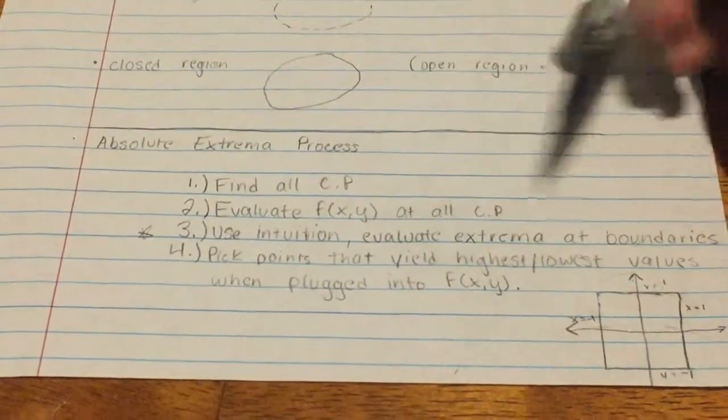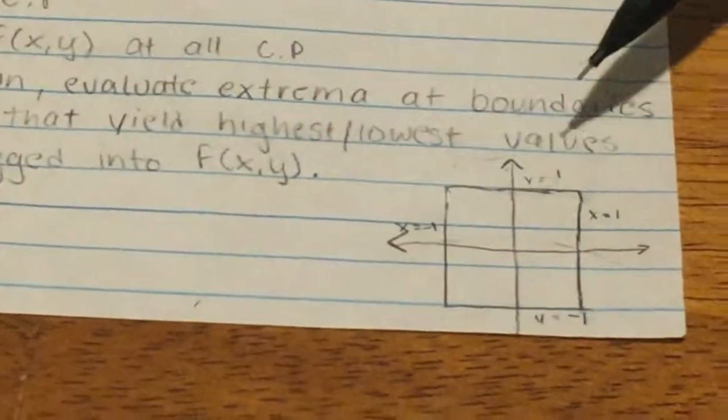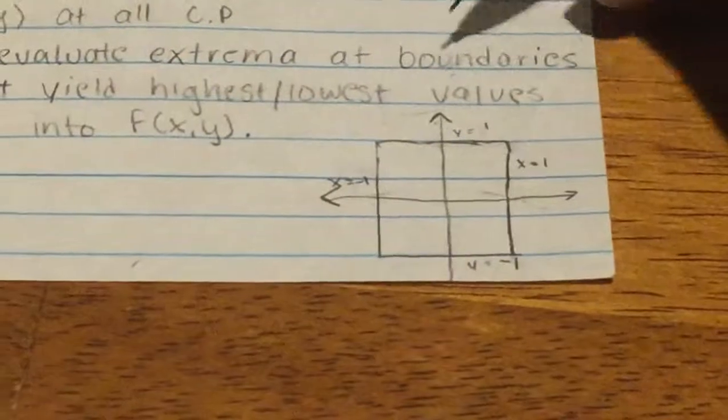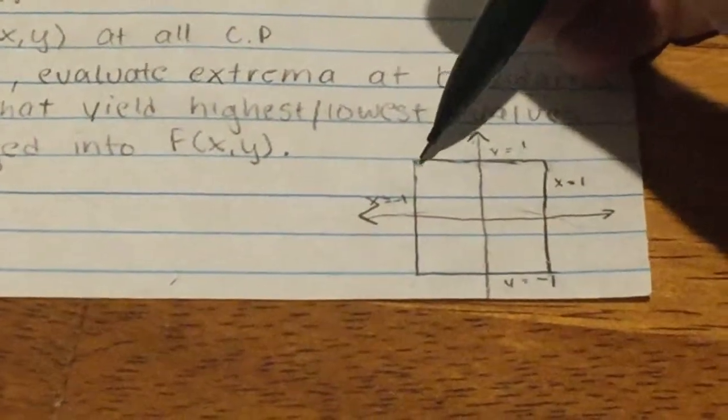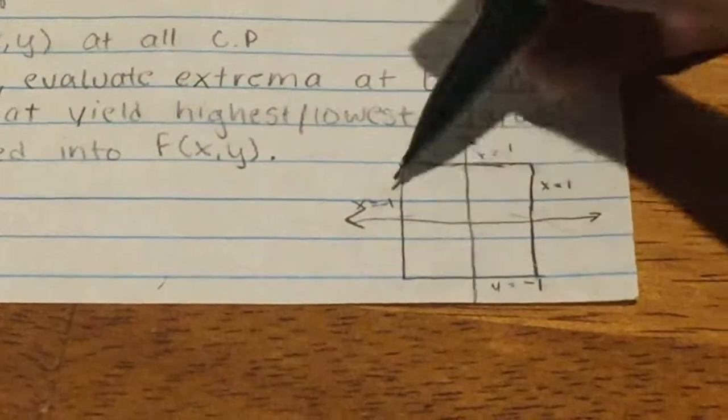Really quick to discuss one situation that you might encounter is a rectangular boundary. The way to go about solving these problems, or finding absolute maxima and minima, is to also test all the critical points within this region and the boundaries.